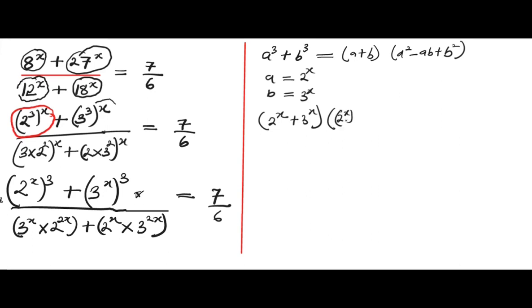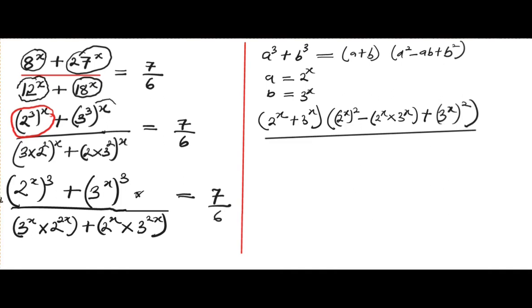Minus a times b, so let's open bracket, and we have 2 raised to the power of x times b, 3 raised to the power of x, plus b squared, you're going to have 3 raised to the power of x all squared. And let's close the bracket.